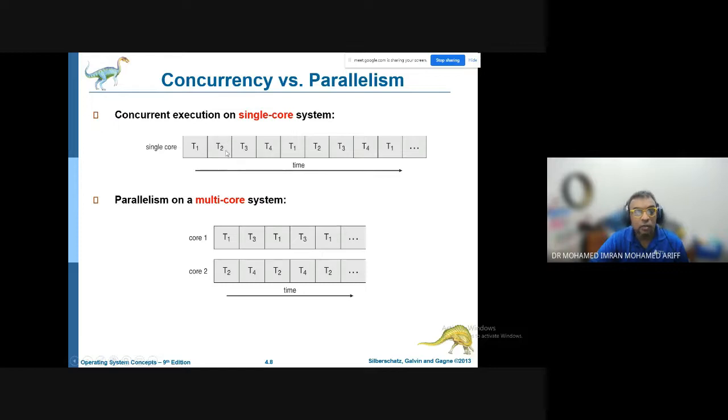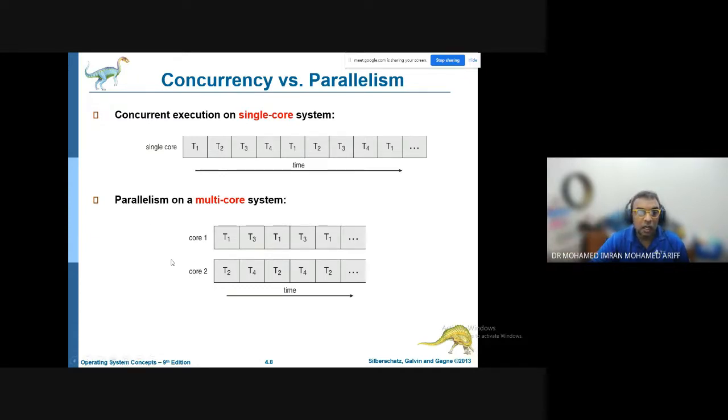Then it moves to the next thread, then goes back to the first thread. So in a single core system, you can only run one process, one thread, but each thread runs in a certain given period of time.